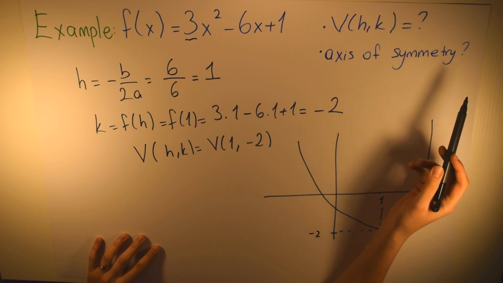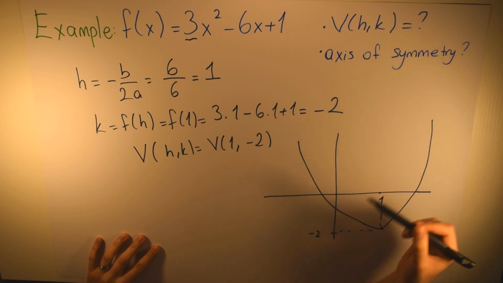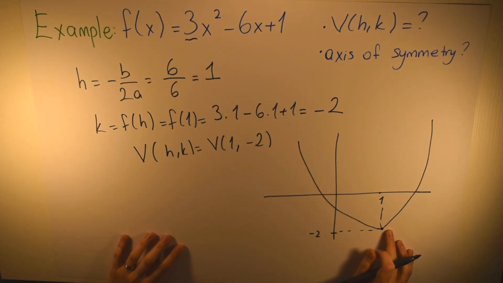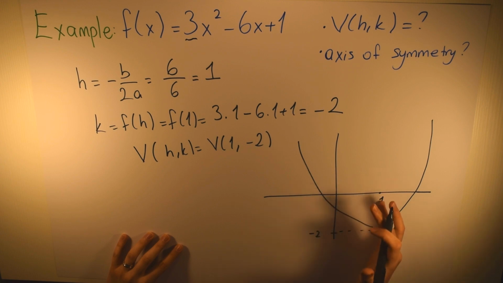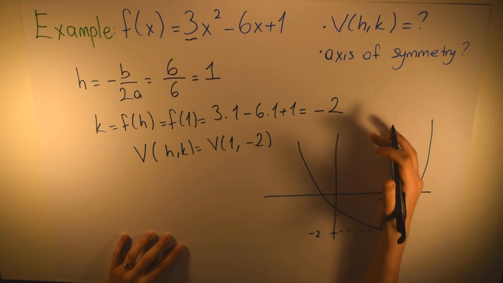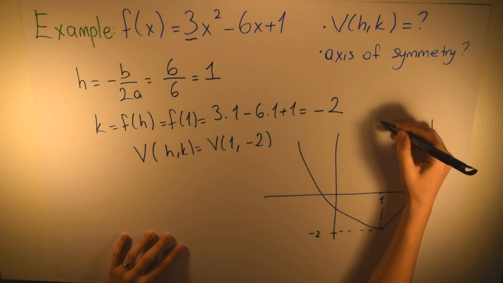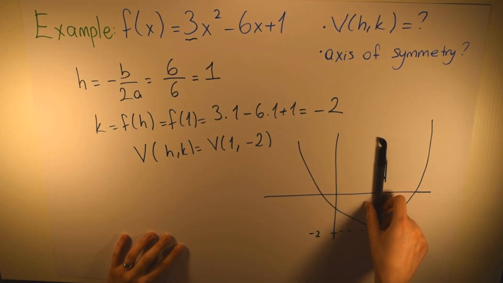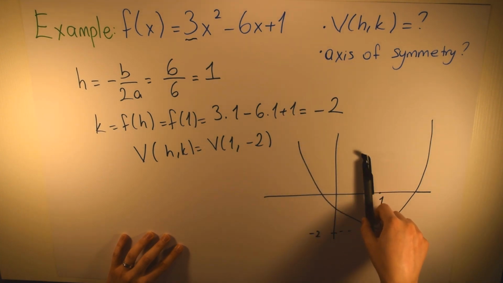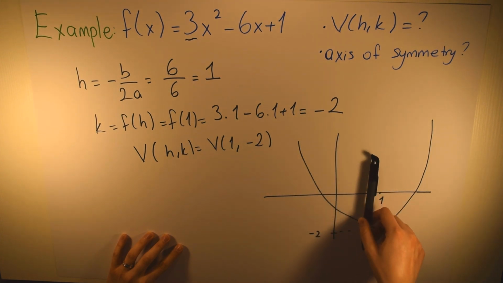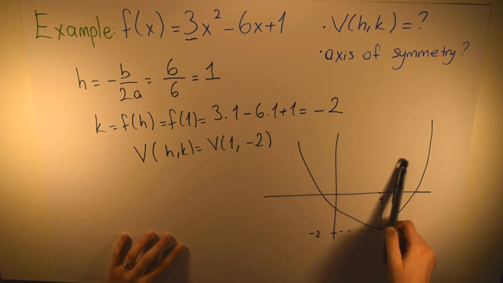The only other consideration regarding the vertex is the axis of symmetry. If you look at a parabola here, for example, you will notice that you could draw a vertical line right through the vertex, and it would split the parabola into 2 mirrored parts, as you can see here, because I couldn't draw very well. When you draw a vertical line right through the vertex, it would split the parabola into 2 mirrored parts, right?